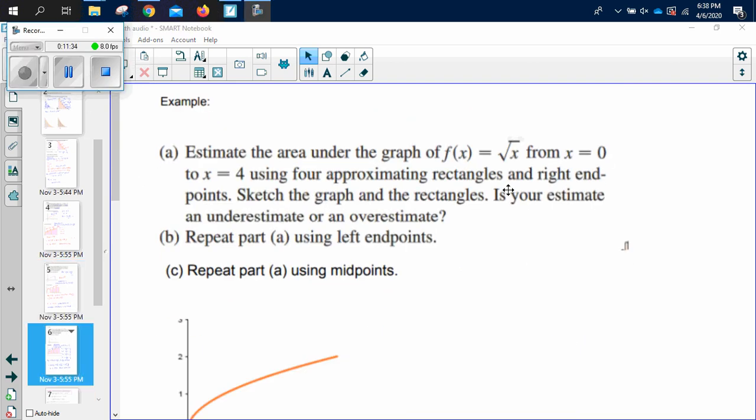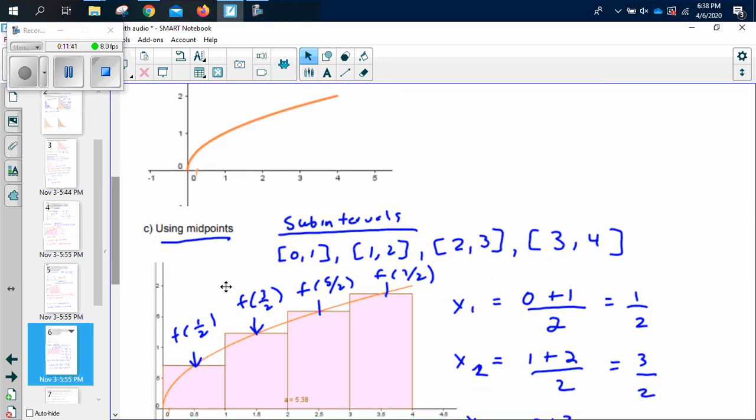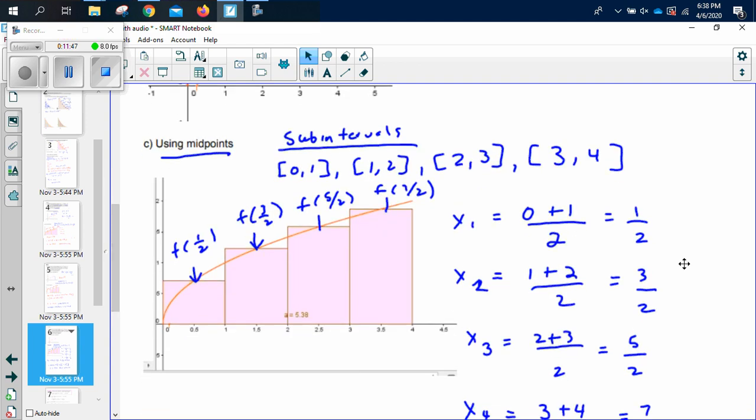Okay, so same function, same delta x, but this time we're going to use midpoints. So using midpoints, I've still got the same subintervals, but I need to determine the midpoint in each subinterval. So the first midpoint, I'd go 0 plus 1 divided by 2 is 1/2. That is going to be my first x value.